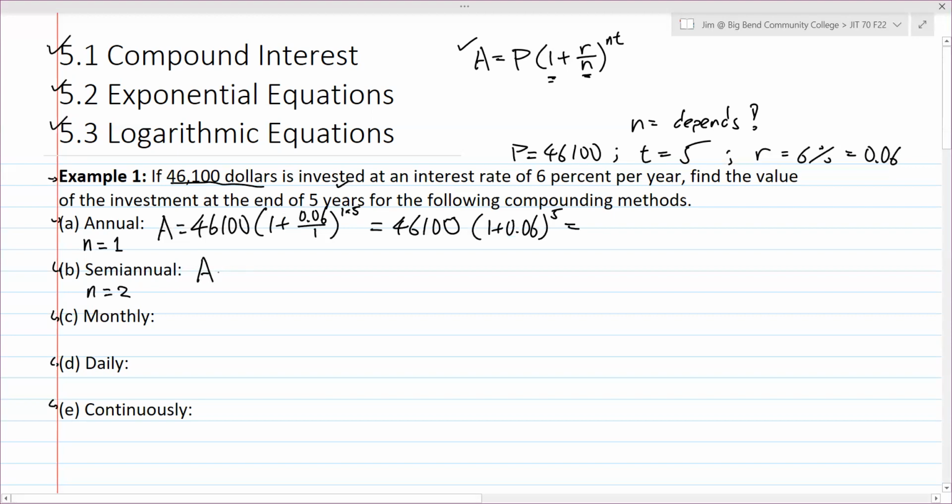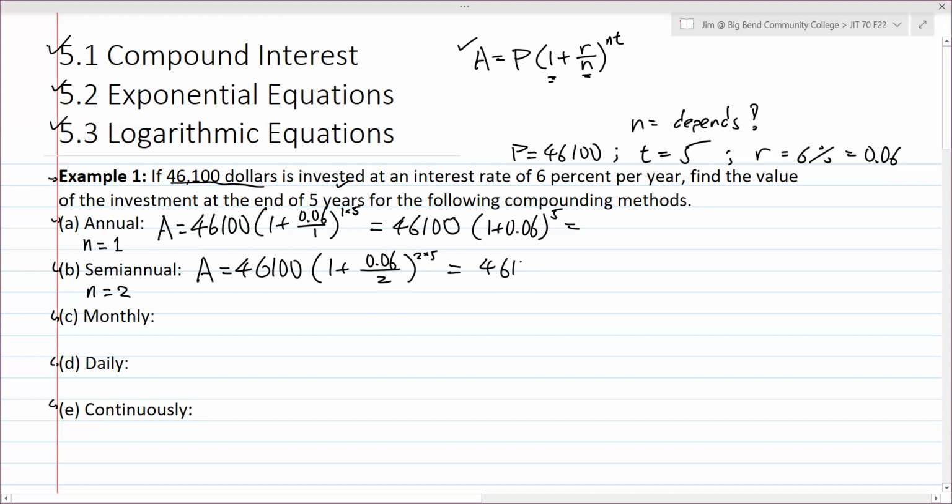What if you have a semi-annual rate for your bank account? For every single bank, things are different. Sometimes they allow you to do the semi-annual rate, and now your n equals 2. The n equals 2 is telling you that your interest is calculated and added twice per year in your account. Same setting, but we changed the n to 2, and do the same thing on the power.